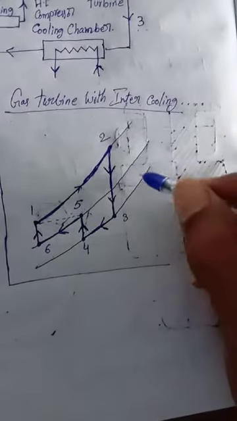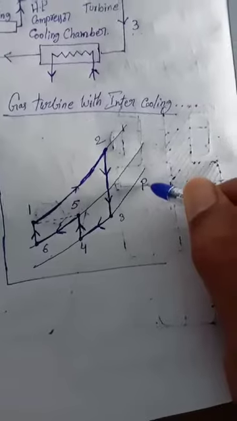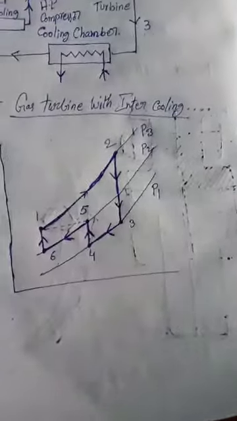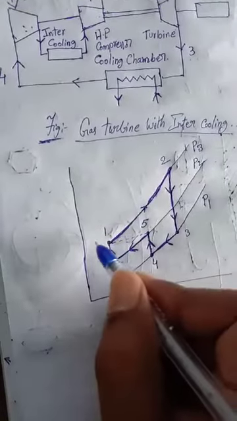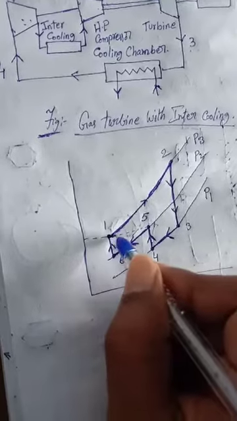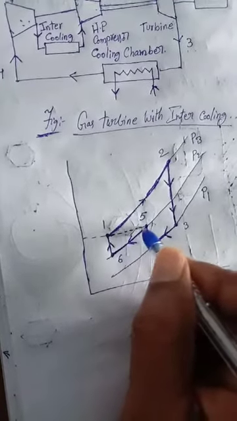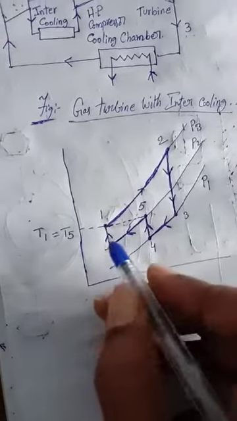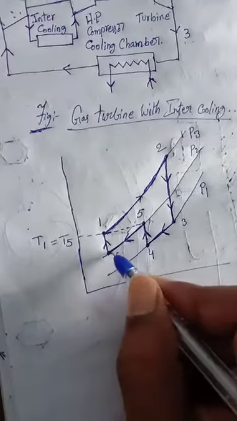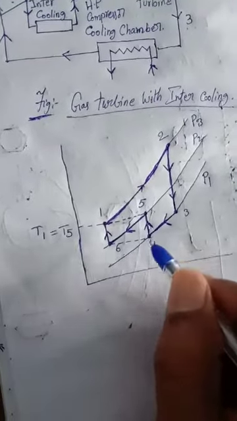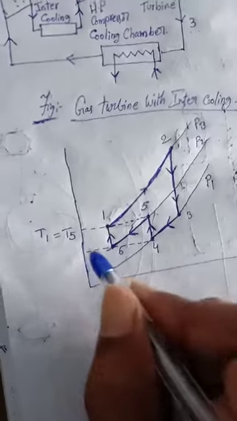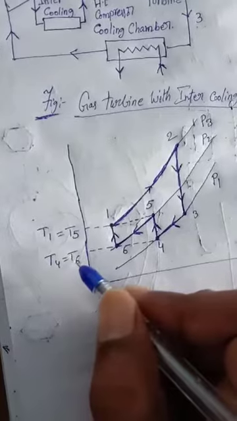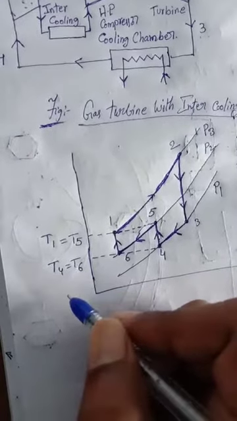Okay, and here we call these pressures 1, 2, 3. Now see here, in this graph you can observe clearly T1 is equal to T5. Similarly, we can see here also T4 is equal to T6.